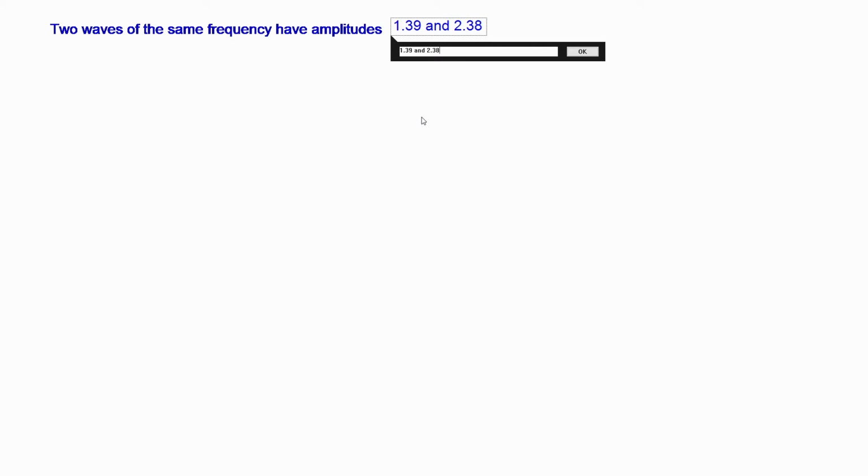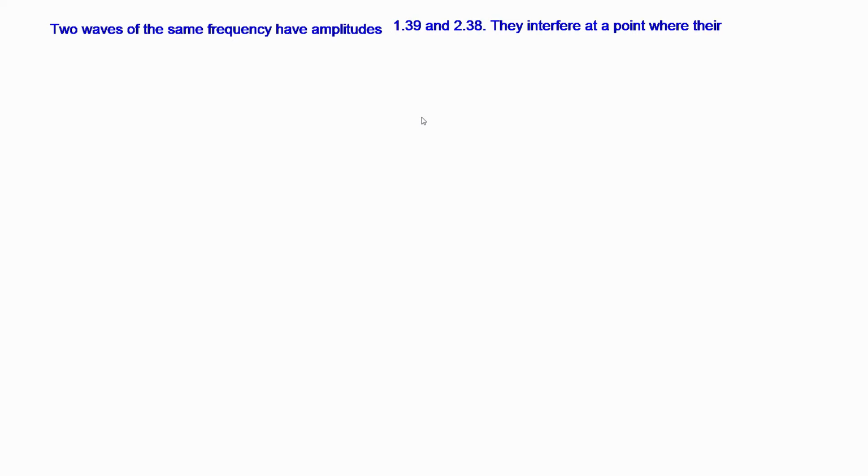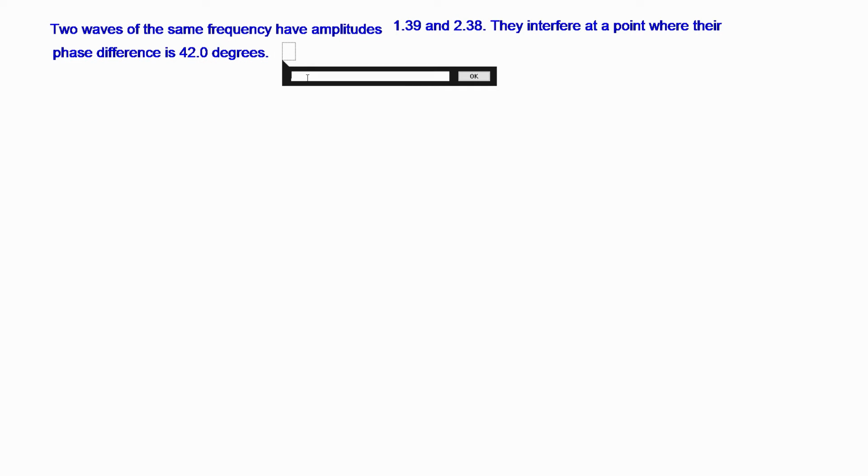They interfere at a point where their phase difference is 42.0 degrees. And the question is, what is the resultant amplitude?